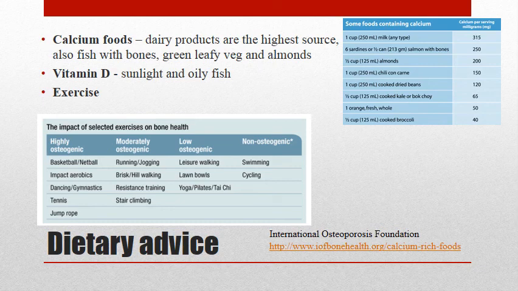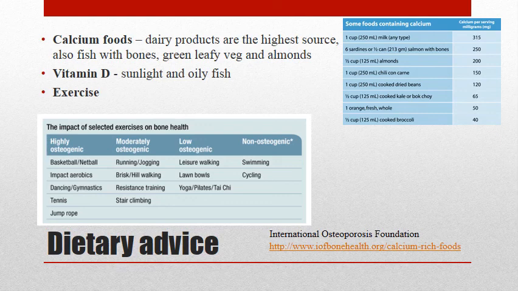Vitamin D, which you get from sunlight and oily fish, also helps with calcium absorption, and then exercise. Have a look at the table showing the best exercise for increasing your bone density. The word osteogenic means building of bones. The best exercises are on your left: basketball, netball, impact aerobics, tennis, jump rope, and then running and jogging.